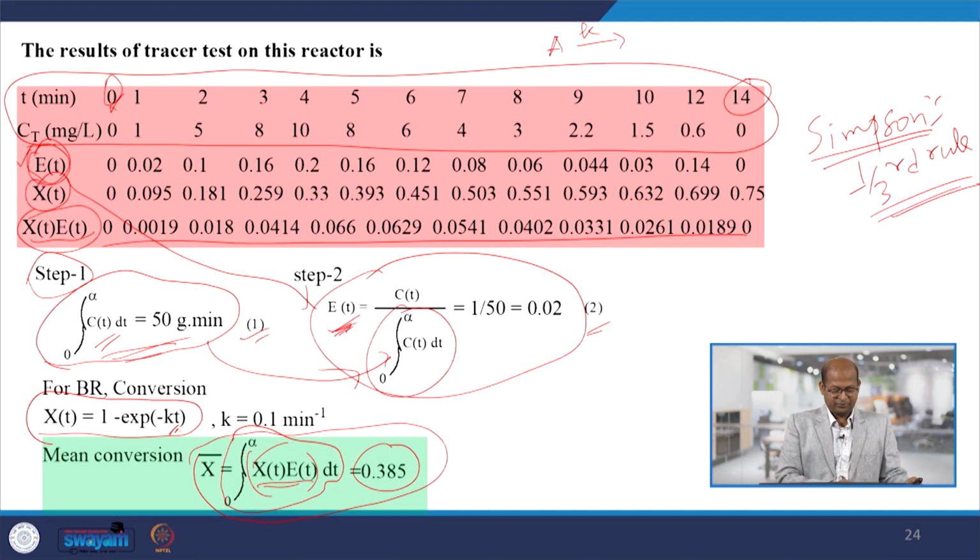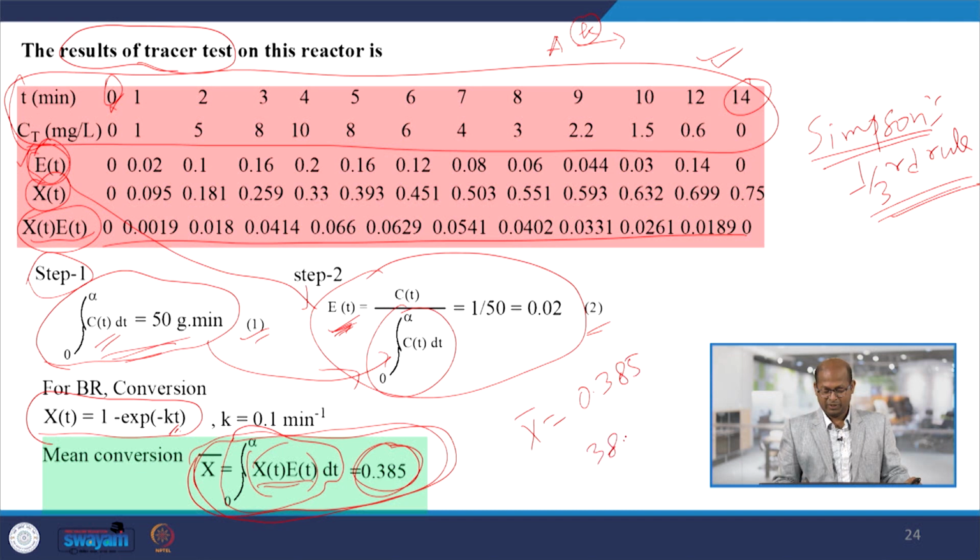Therefore, from here we can find the mean conversion for these reactions, though we have conducted only the tracer test. These are the tracer test results, C(t) versus t. With the help of the tracer test and the reaction rate constant, which are known, using the segregation model equations we can predict the average conversion, which is 38.5%.